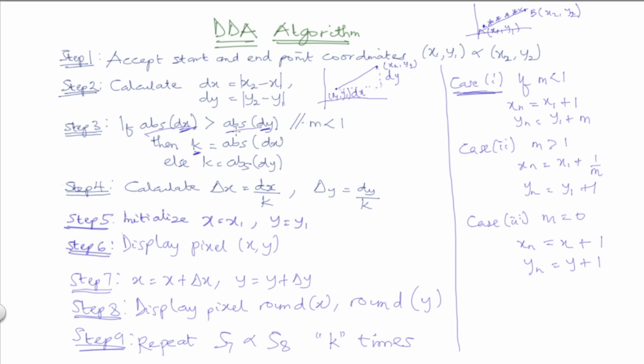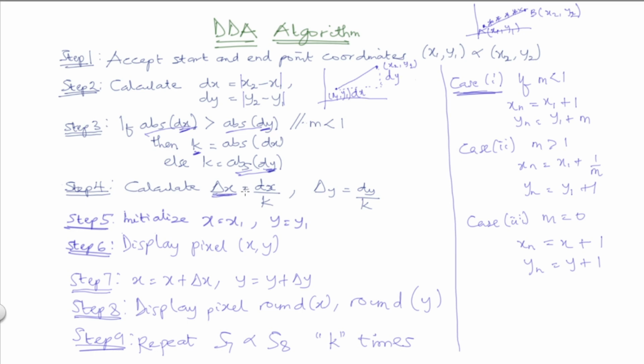But the moment the absolute value of x is less than the absolute value of y, then k will be the absolute value of y. So we should have that in mind. So k is equal to the absolute value of dx when the absolute value of dx is greater than the absolute value of dy.